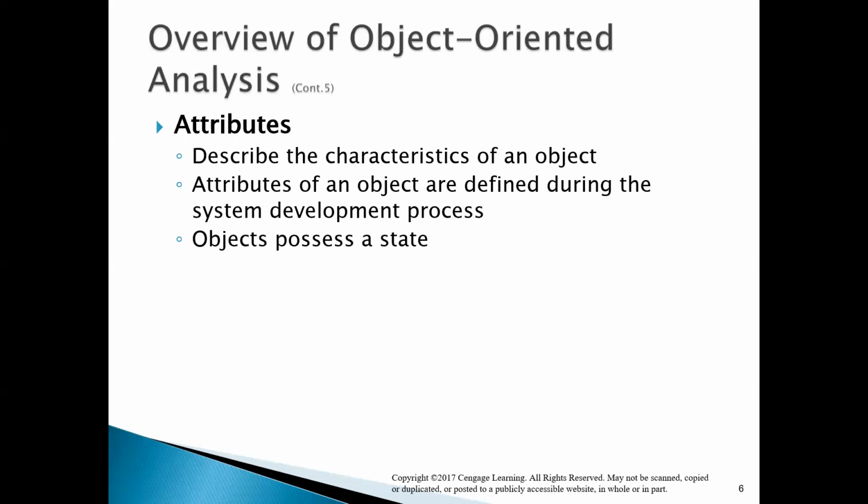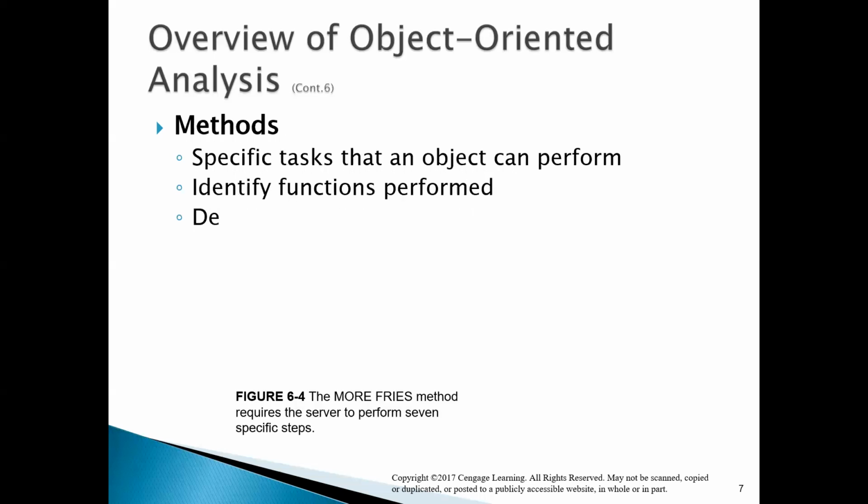Attributes of an object are defined during the system development process. Objects possess a state. State basically describes the current status of an object. Methods are specific tasks that an object can perform. It identifies functions to be performed, and it describes the function to be performed.